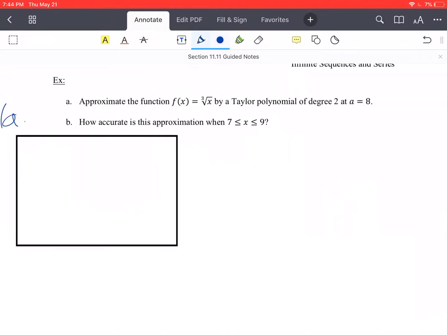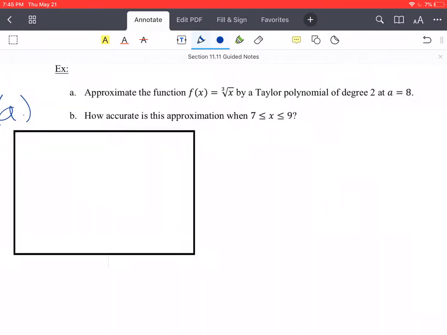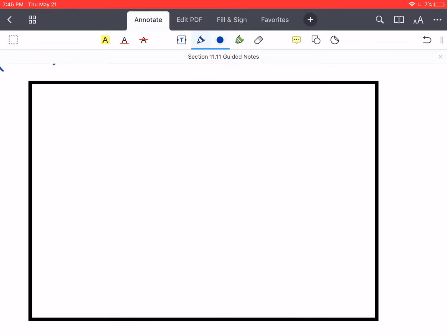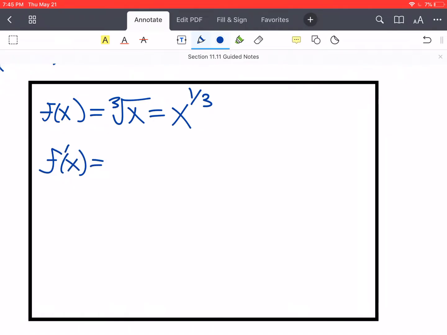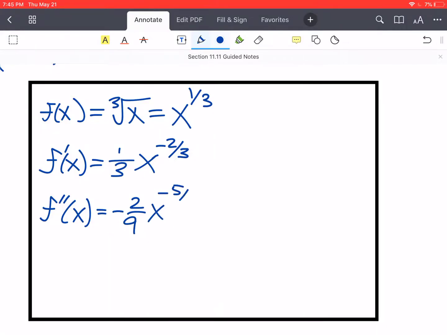This is all part A. So I need f of x, the cube root of x, which we're going to write as a fractional exponent, x to the 1/3. Then f prime of x is 1/3 x to the negative 2/3. And then f double prime of x is negative 2/9 times x to the negative 5/3.